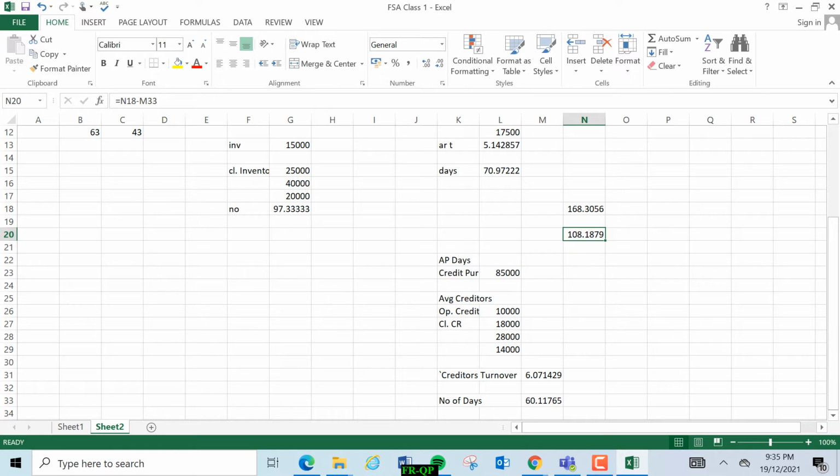So 108 days is the operating cycle. If you want to run one cycle, you need to wait for your funds for 108 days. If you shorten the period, it will improve your profitability. The reason is that the moment you start collecting faster, the period will be reduced. The moment you are getting more lag period from the creditors, it will get shortened.